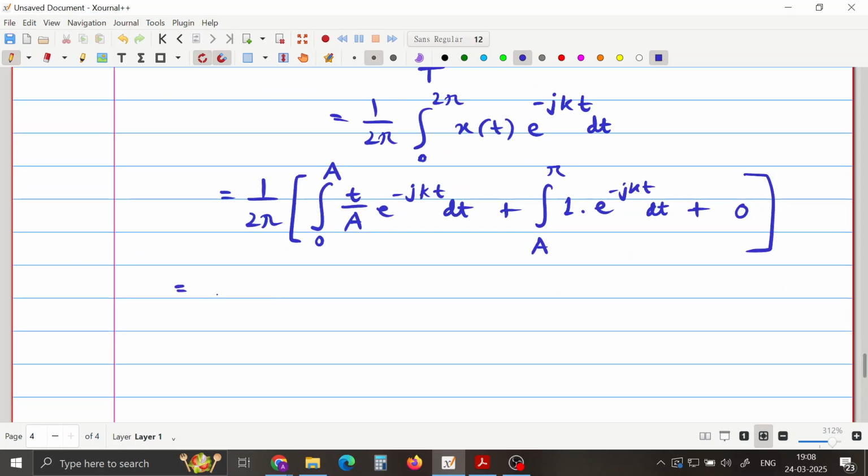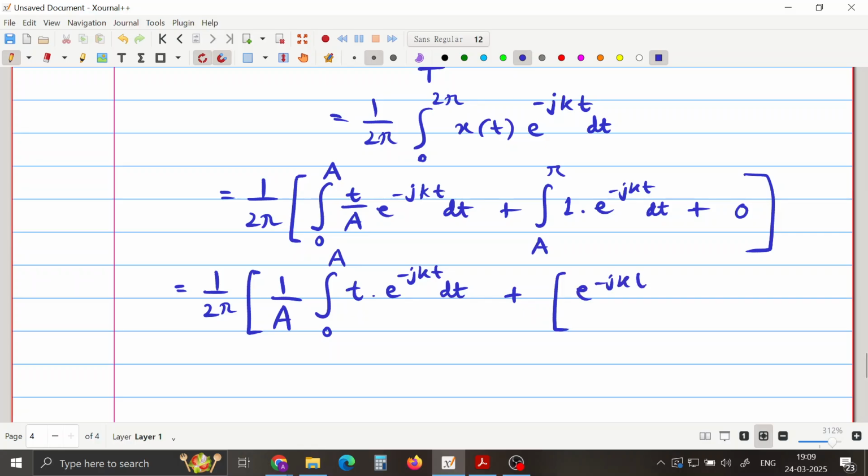So now what do I have? 1 by a, 0 to capital A, integration of t into e power minus jk t dt, plus for this term we can calculate the integral, that's easy. So this will be the integral, and now we have to substitute the limits.